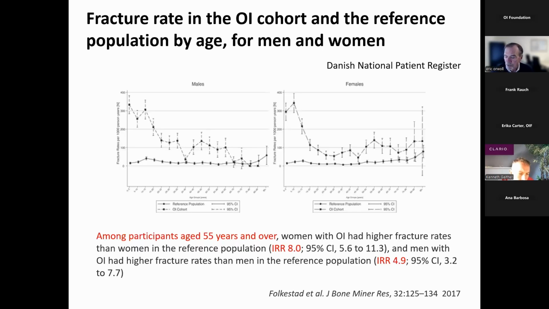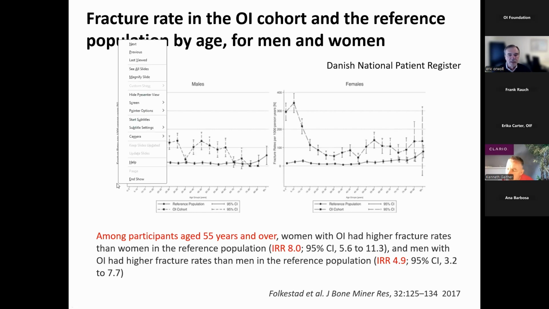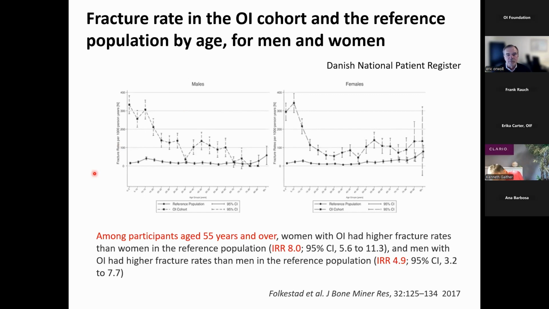Let me start by making a couple of general points. The first is about the frequency of fractures in adults with OI. These data are from a study from Denmark. In Denmark, all the medical information in the population is available, which means we have the opportunity to study a lot of people with OI.